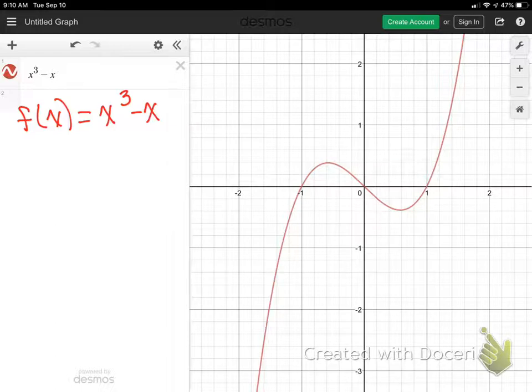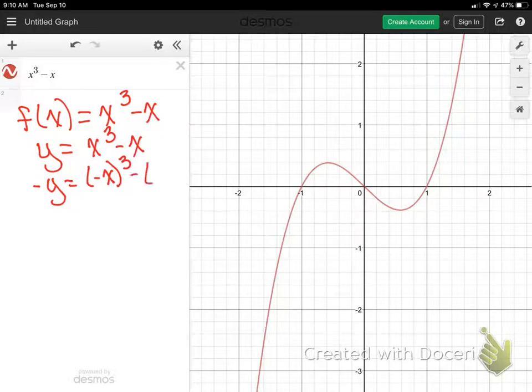The only test I need to do on this is symmetrical to the origin. So f of x equals x to the third minus x is the same thing as y equals x to the third minus x. To test if something is symmetrical to the origin, I replace y with negative y. Then I replace x with negative x. Okay? What value is in front of those x's? Negative 1. Okay?